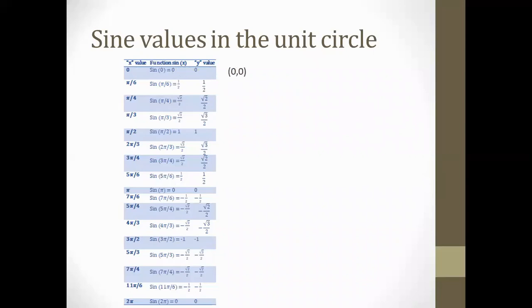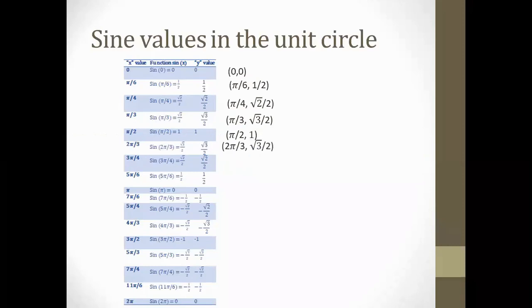Here you have your first point: the x value is always first and then the y. So the point x comma y is 0 comma 0 in that case. Here you have pi over 6 comma 1 half, pi over 4 comma square root of 2 over 2, pi over 3 comma square root of 3 over 2, pi over 2 comma 1, and then you start to go down, going back again with square root of 3 over 2, then square root of 2 over 2.